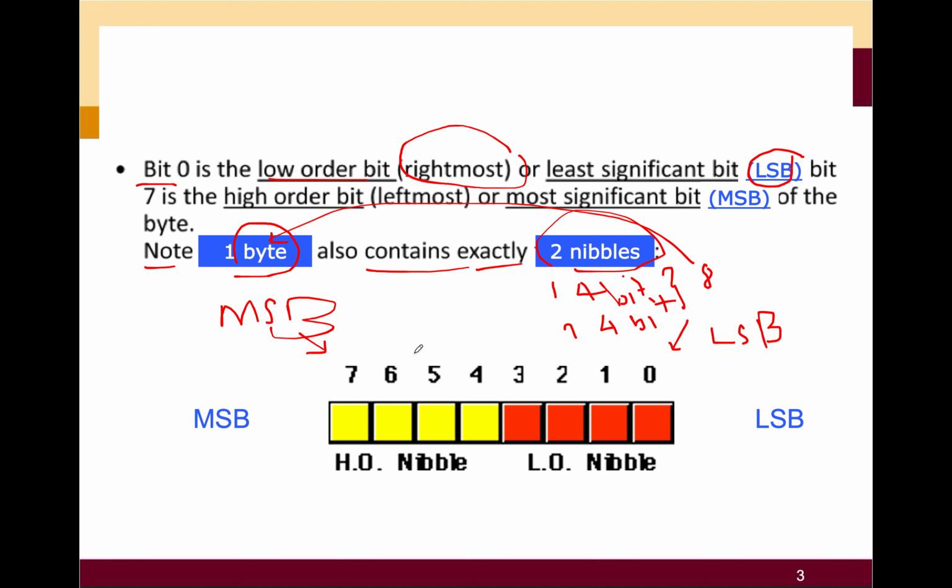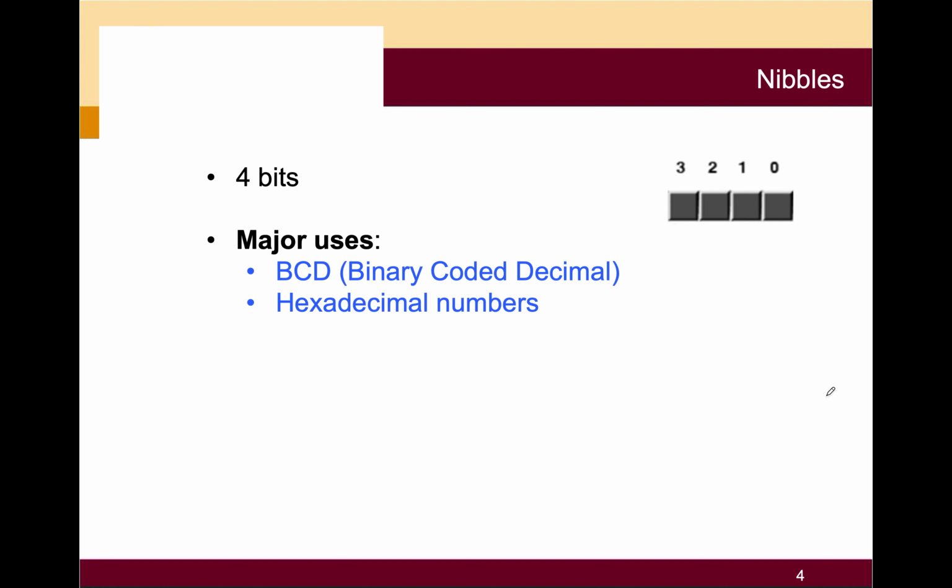In this example, the left is MSB and the right is LSB.